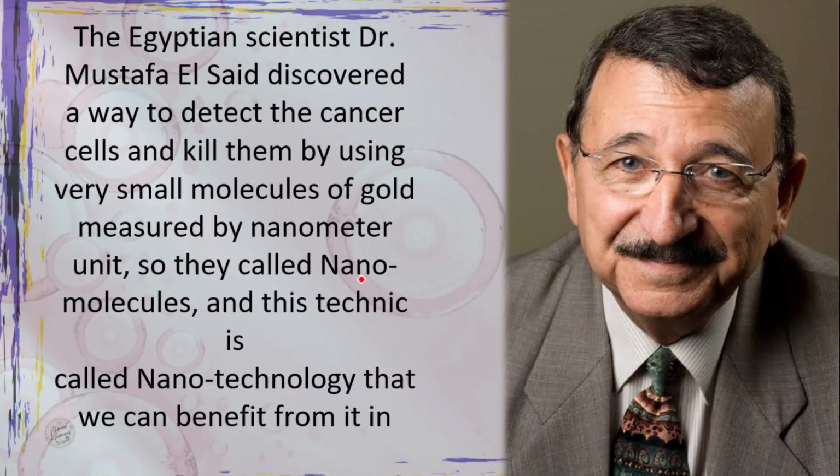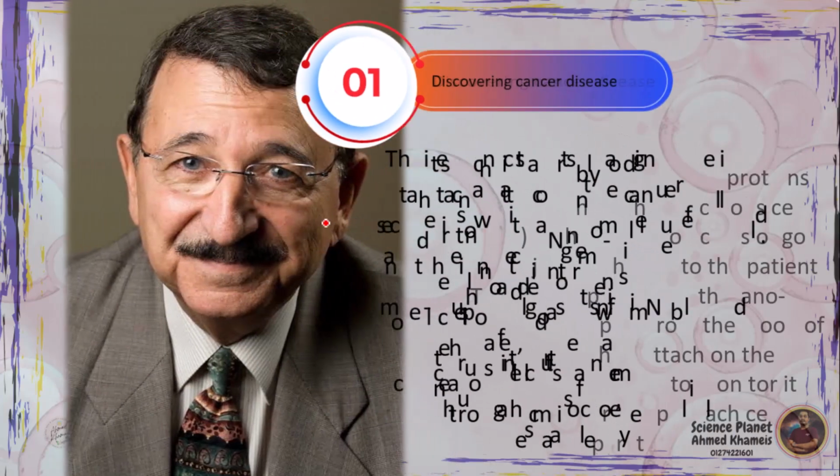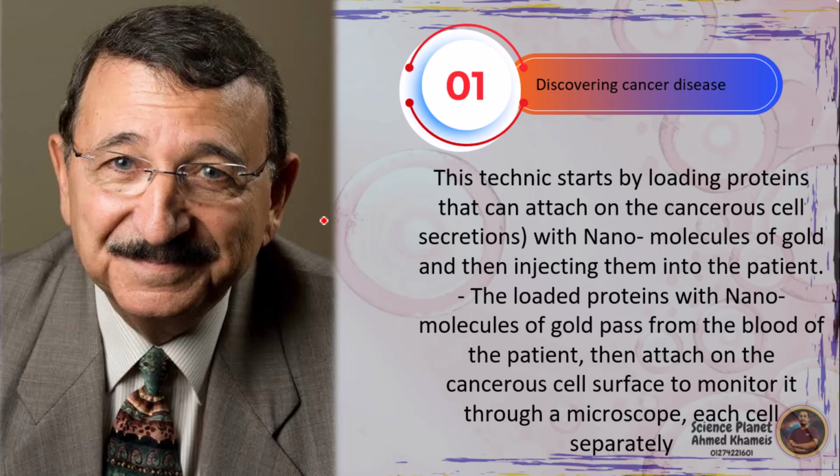And we all know Dr. Mustafa Said, who discovered a way of detecting and killing cancer cells or tumors by gold molecules in a technology called nanotechnology. So how is it done? First, the discovering of the cancer disease.